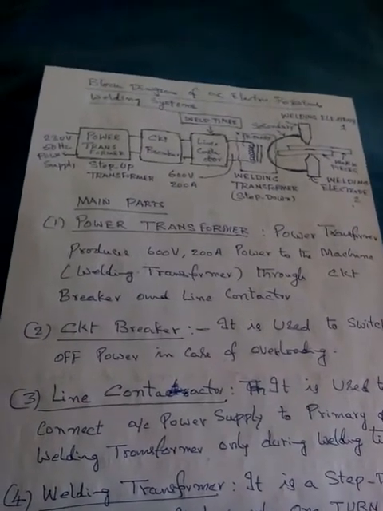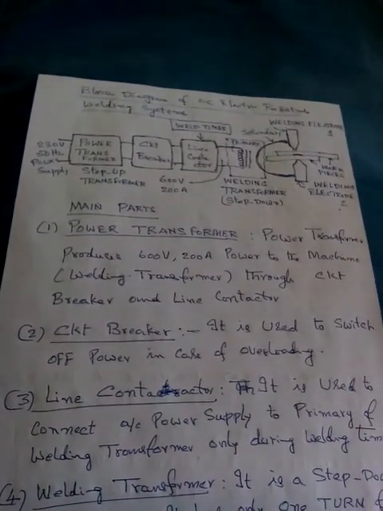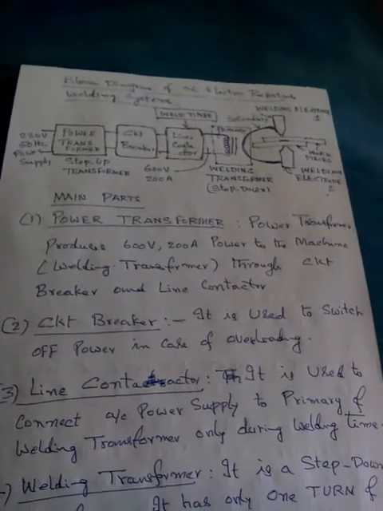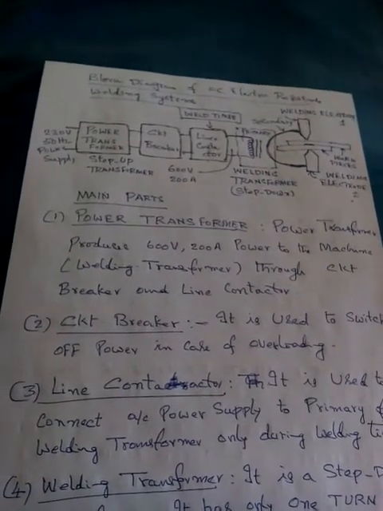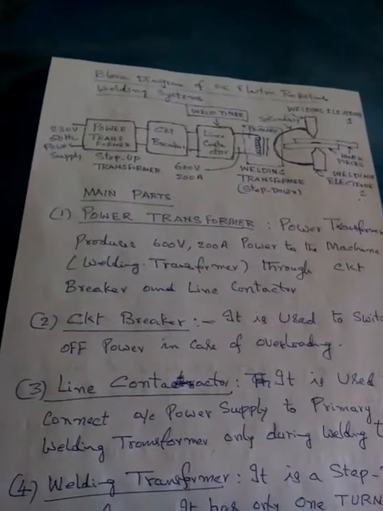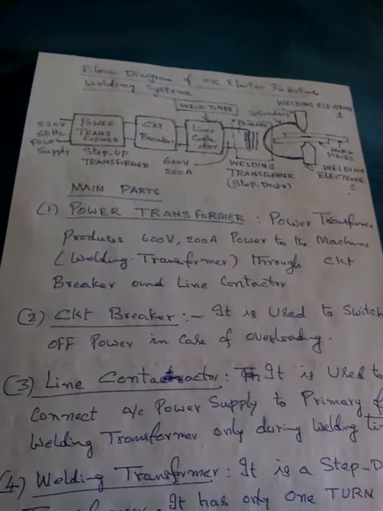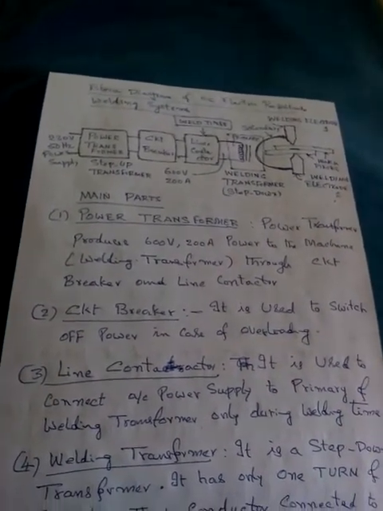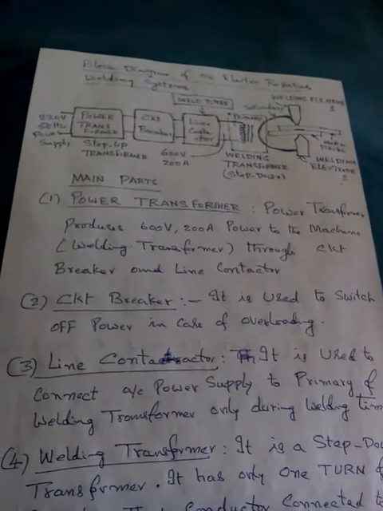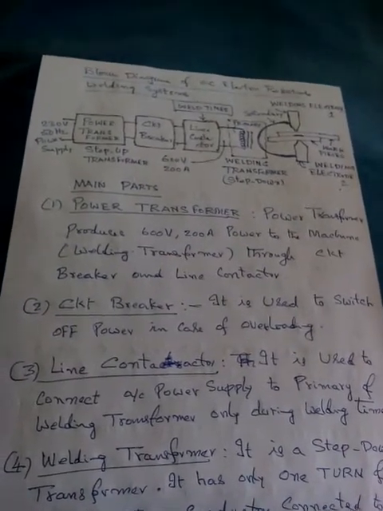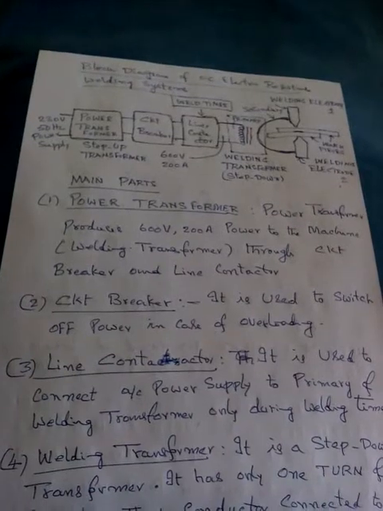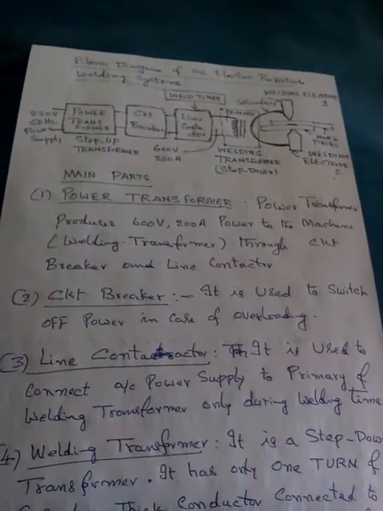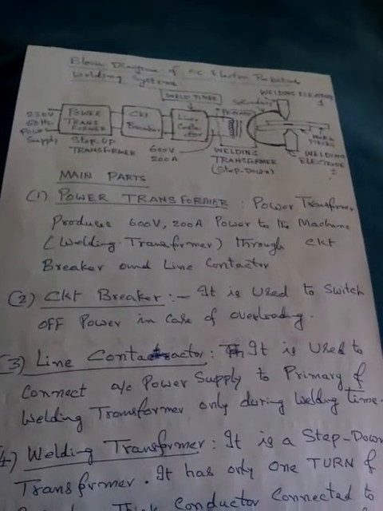The second part is circuit breaker. It is used to switch off power in case of overloading or some other problem. Then third is line contactor.